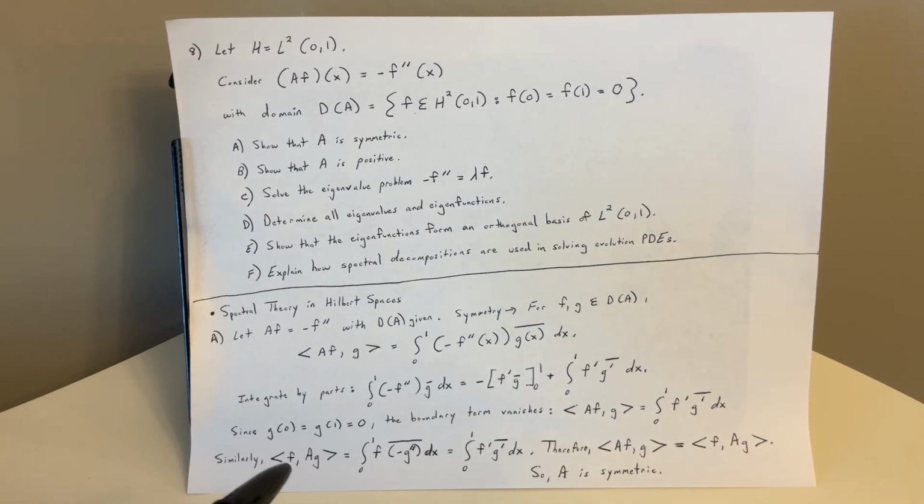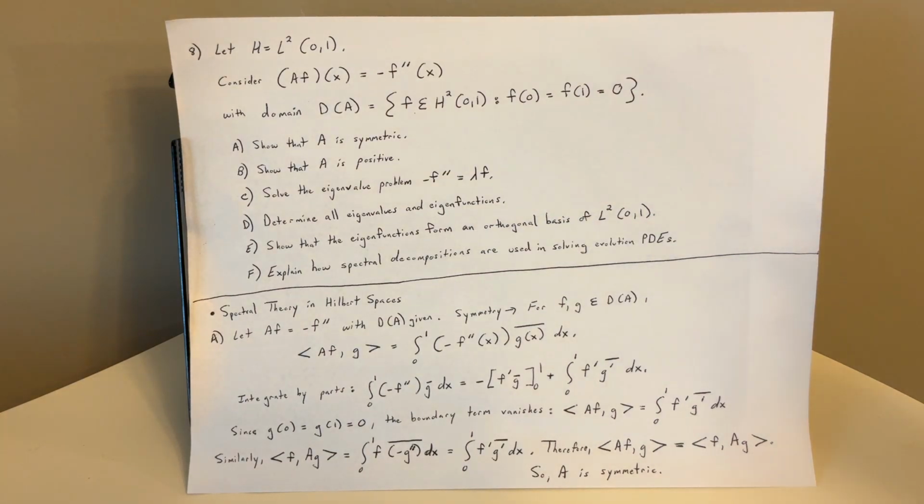And similarly, this inner product equals this integral from 0 to 1 of f times negative g double prime bar dx, equals the integral from 0 to 1 of f prime g prime bar dx. So A is going to be symmetric, and one of the reasons is because the inner product of Af, g equals the inner product of f, Ag. Okay, so now we'll move along.